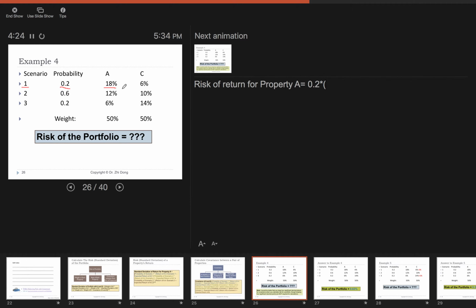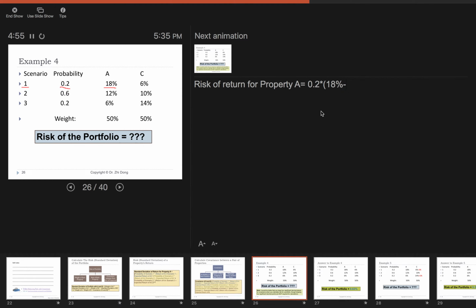Property A's return under market scenario 1 is 18%, and we look at how far it goes away from the expected return. Linking back to the other video clip on working through the expected return for property A, we know property A's expected return is 12% in this case.